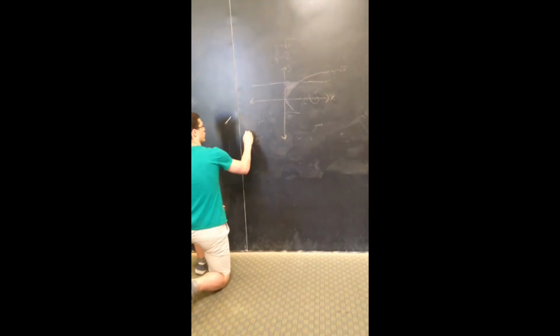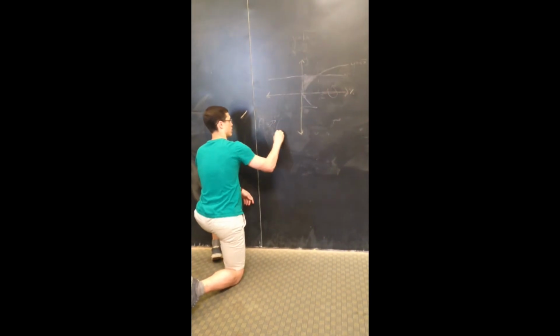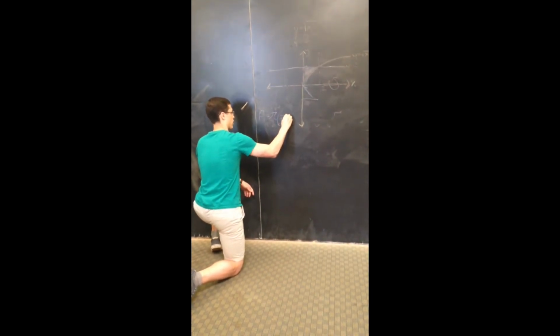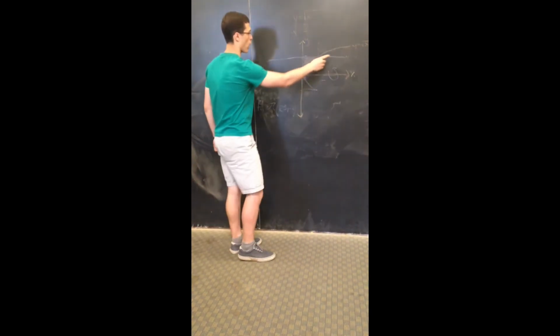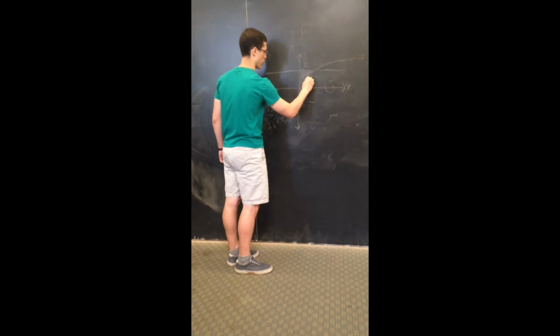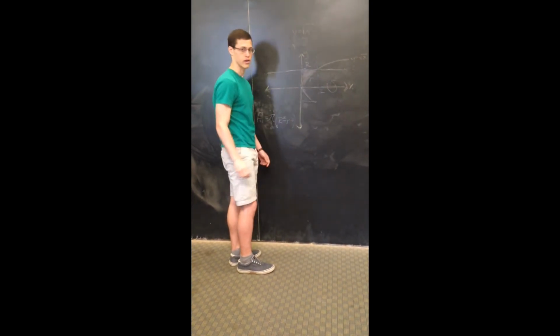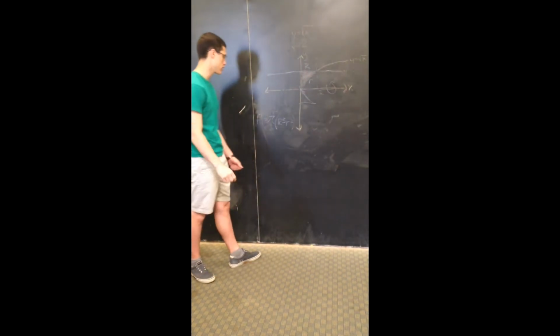So the equation for your area is going to be pi times big R squared minus little r squared, where y equals 2 is going to be your big R, and y equals the square root of x is going to be your little r, because this is higher up than y equals the square root of x.